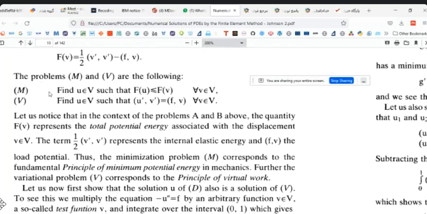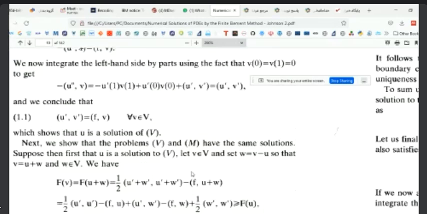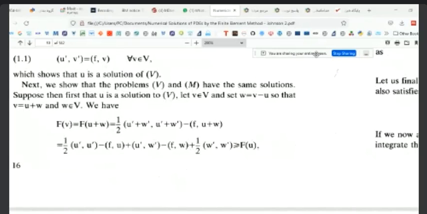By proving this fact, we can show that V, M, and D have the same unique solution. So we want to show that the problems have the same solution.